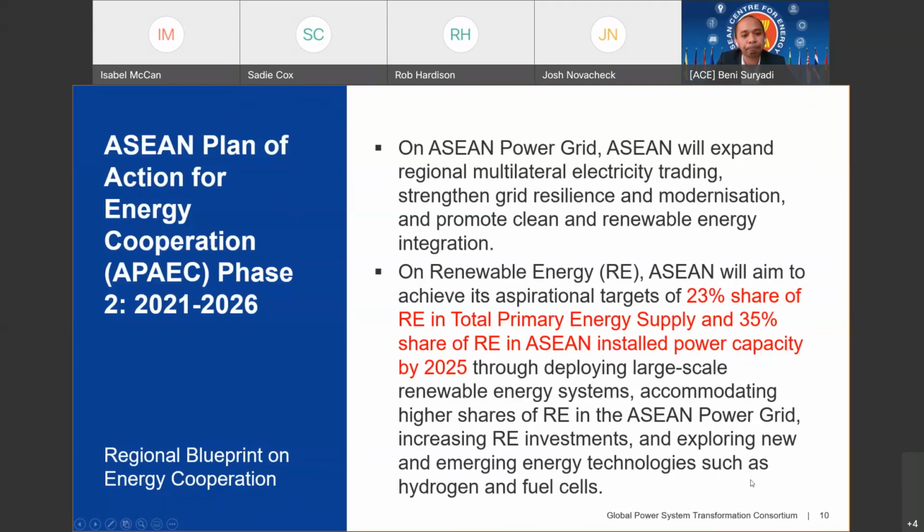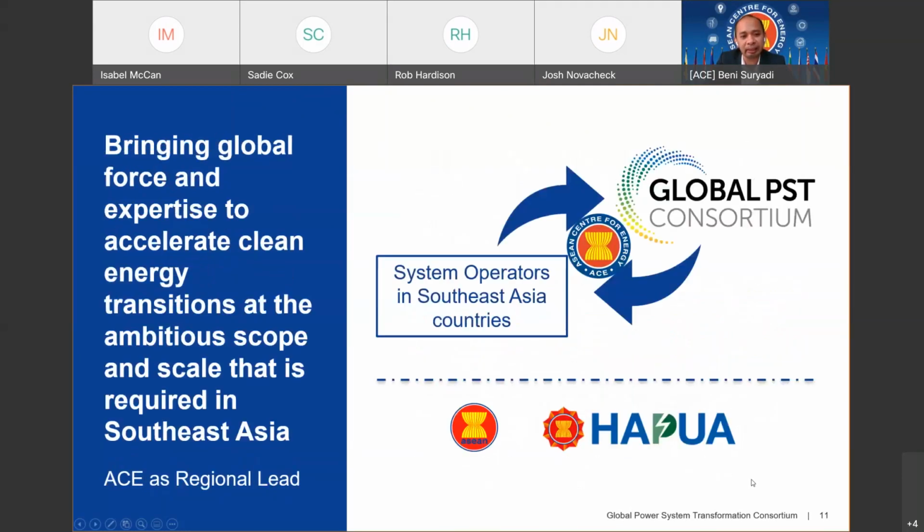Next slide, please. The ASEAN Center for Energy, the institution that I'm representing, exists to support the ASEAN countries to achieve the goals that I mentioned earlier. We act as a think tank, a catalyst, and also a knowledge hub on energy in this region.